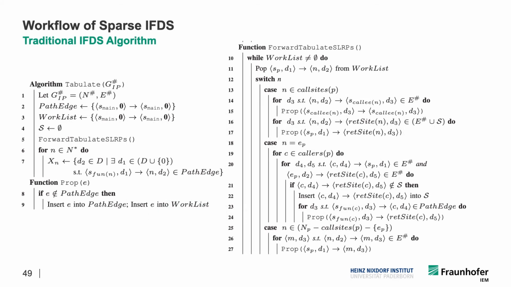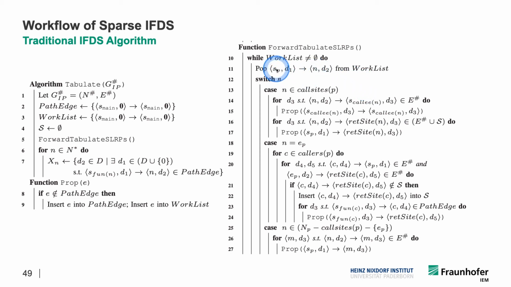And in the paper, you will find a more formal representation. What you find here is a formalization of the IFDS algorithm, in a notation that is rather close to the original IFDS paper. In particular, this function here is interesting. It tells you how you extend certain jump functions, certain path edges.